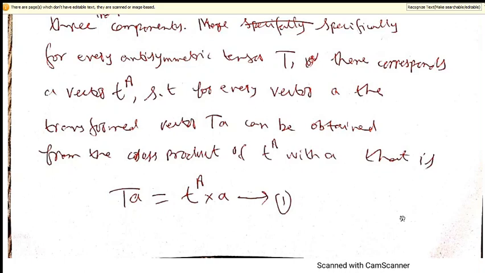So what will you do? You will simply take the cross product of A with this vector. If the result is the same as we obtained by applying T on A, then we will say that this vector is the dual vector of this tensor.